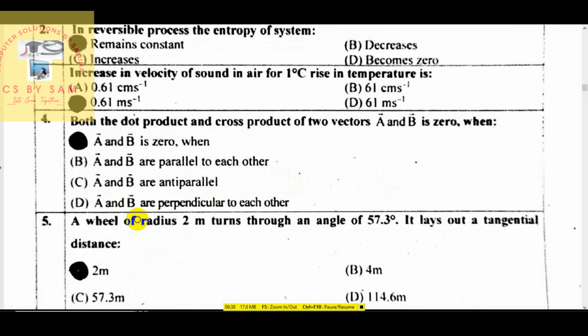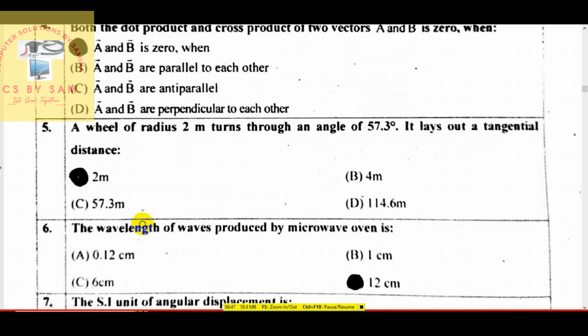Both the dot product and cross product of two vectors a and b is 0 when a and b are parallel. उसके बाद है जी, a wheel of radius 2 meter turns through an angle of 57.3. It lays out a tangential distance of 2 meter.